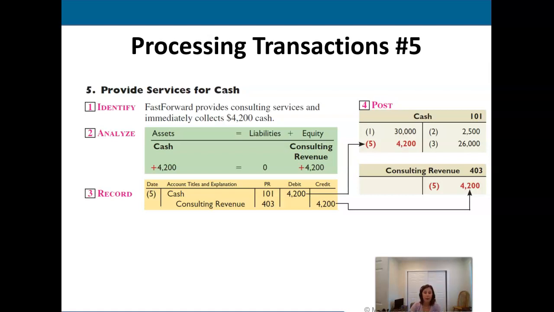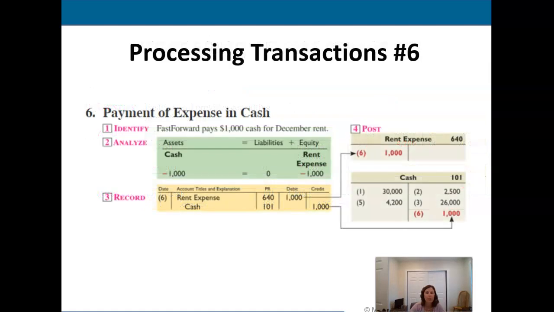We got consulting revenue, the balance in the consulting revenue went up as a result of having earned that money. And when the balance in a revenue account goes up, credits will do that. And so we then take those entries and we record them. I'm not going to try and figure out what the balance in the cash account is at this point, but you can do the math. Add up your debits, subtract your credits, and that gives you the balance in the cash account. Meanwhile, we just have our lonely $4,200 credit balance in the revenue account. Better earn some more money quickly.